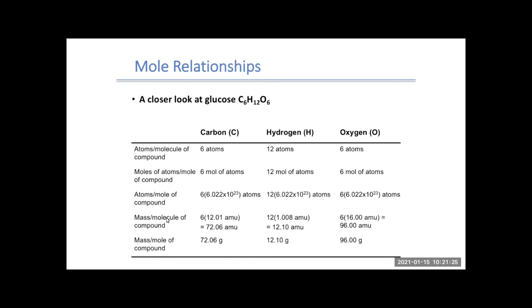Just depends if you want to look at the atomic scale or the macro scale. We can do the same thing for hydrogen and oxygen. So really, this one is when you look at the atomic scale. And this, I kind of like to say we're looking at macro, or it's laboratory scale.